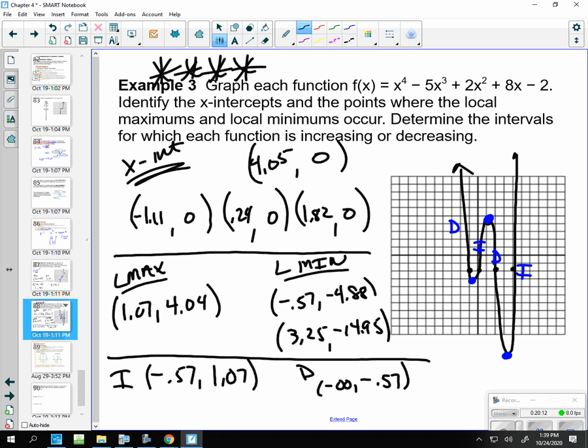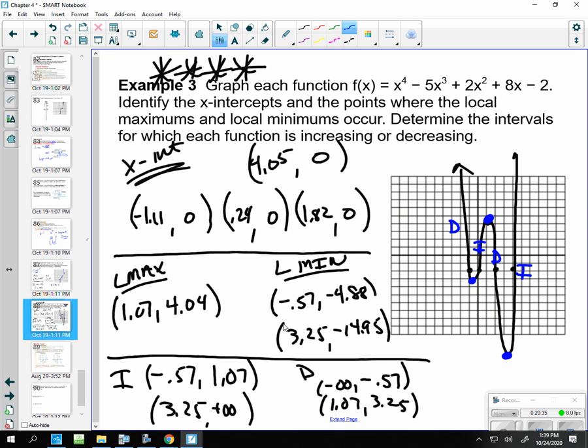That's the next max. And then at 1.07 to the next point, which is 3.25, it's decreasing. And then from 3.25 to infinity, it's increasing. So I'm going to explain that one more time as it's going across here, but that is the correct answer.